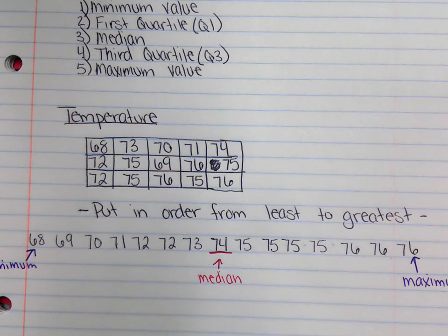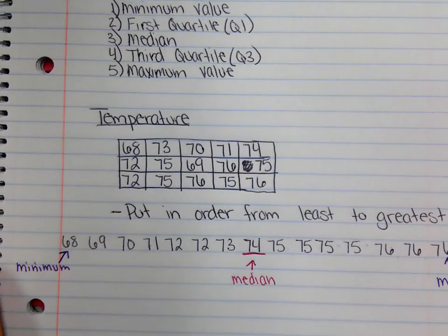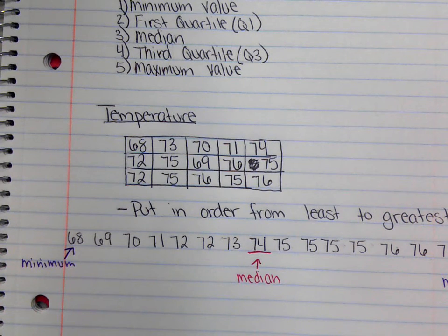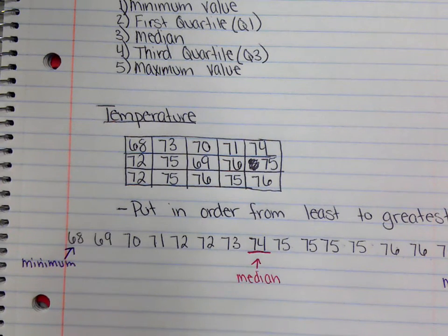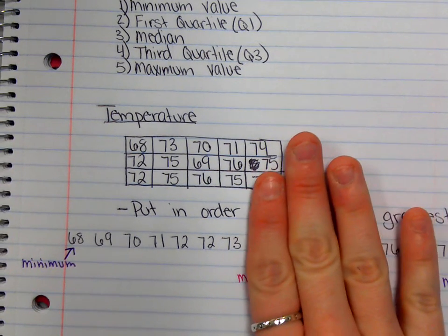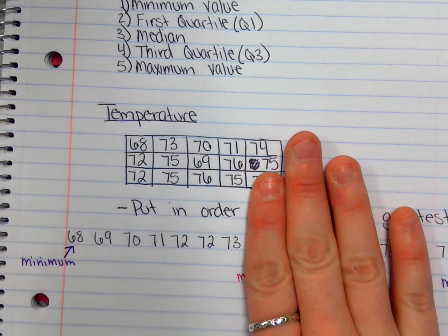All right. Quartile 1 and quartile 3 are not necessarily trickier, but those are the ones you probably don't know. So pay close attention. For quartile 1, we are only looking at the numbers that are less than the median. So we're going to cover up the rest of the data. We're only looking at the first half of the data.